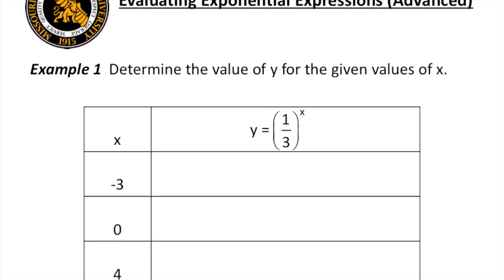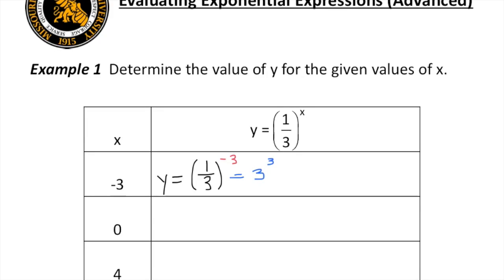In example 1, our equation is y equals 1/3 to the x power. Evaluating this equation for x equals -3, we have 1/3 to the -3 power. According to our second property of exponents on the previous slide, 1/3 to the -3rd power is the same as 3 to the 3rd.